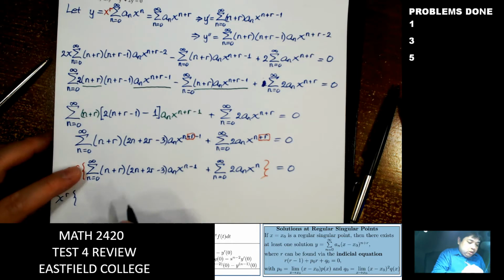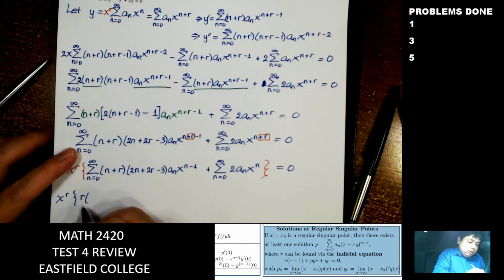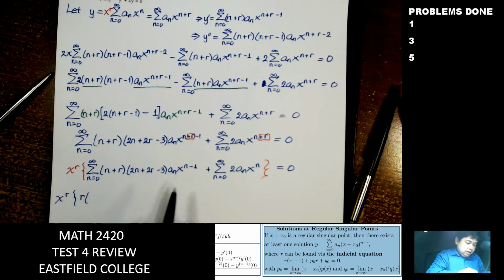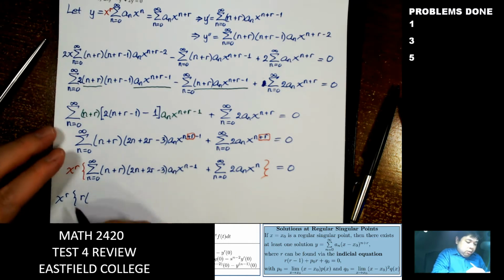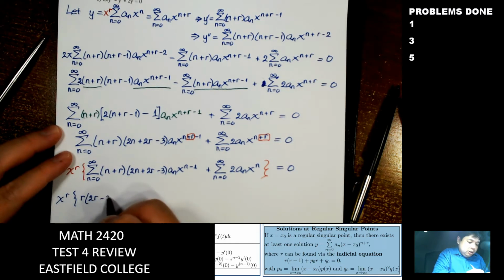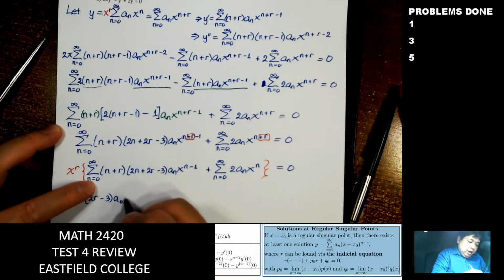So when n equal to 0, we just have r times 2r minus 3, a sub 0, x to the minus 1.